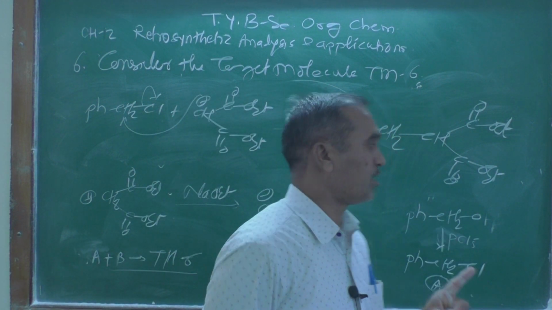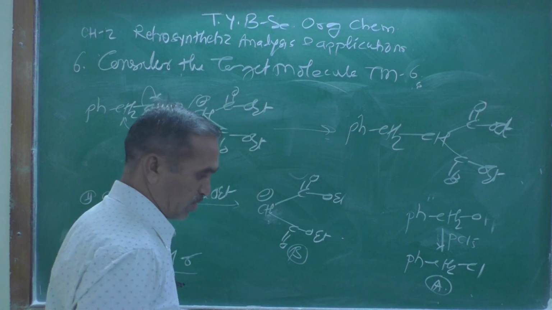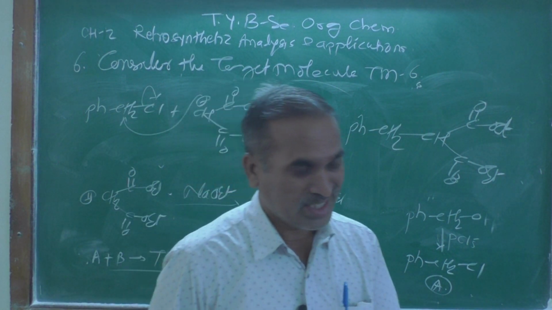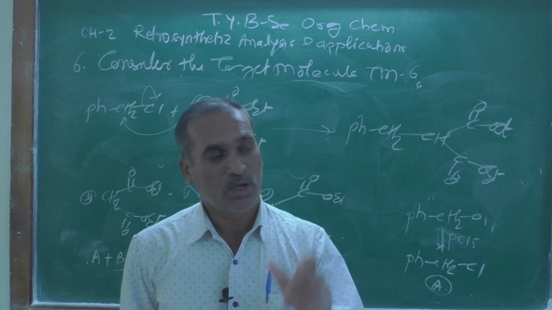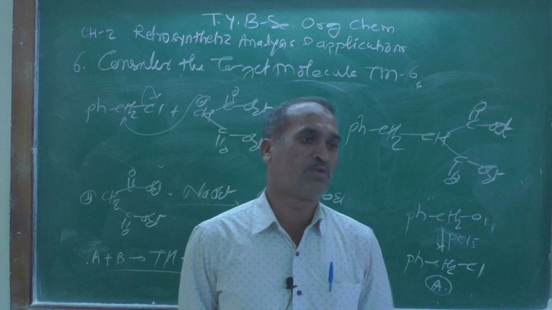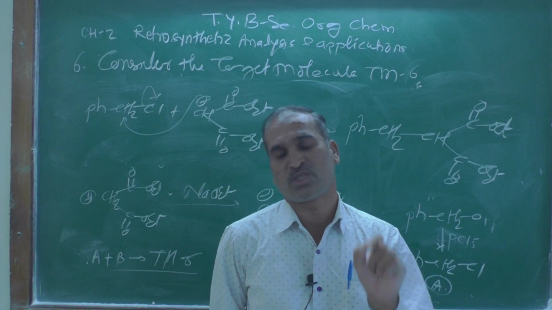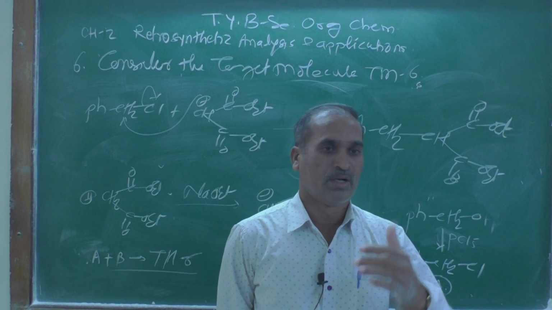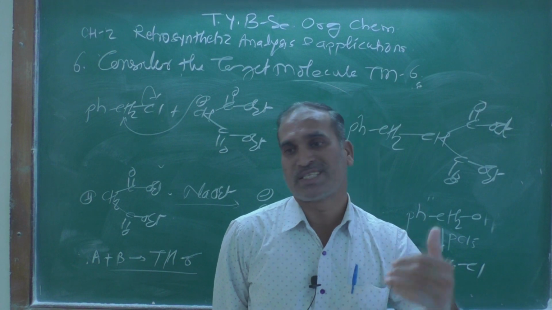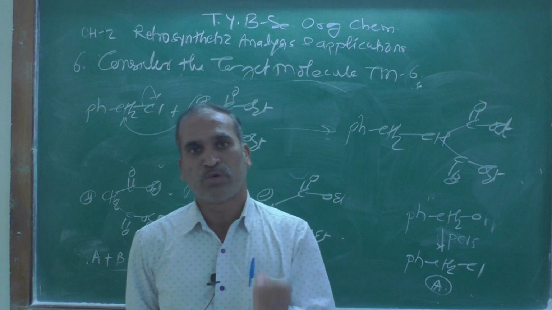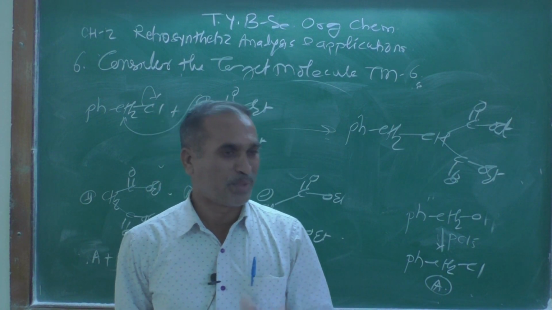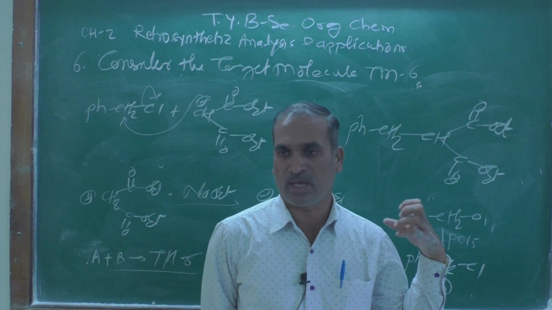B is the better route for synthesizing such a compound, because in A, both the synthons we got are highly unstable. We cannot have their proper synthetic equivalents, and therefore we cannot prepare such a target molecule.